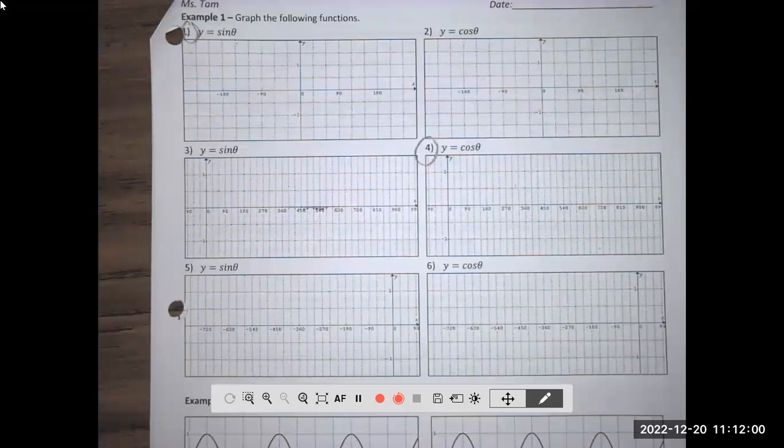Are you done? Oh, okay. And you don't even need to show me all those points. I just need to see median, max, and mins. Make it easier for yourself. Nice smooth curves.